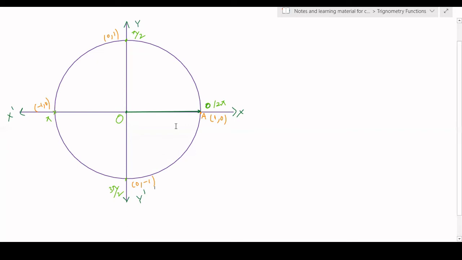Now this green ray, let's move it to make some x radian turns in this unit circle. So here it has made x radian turns.